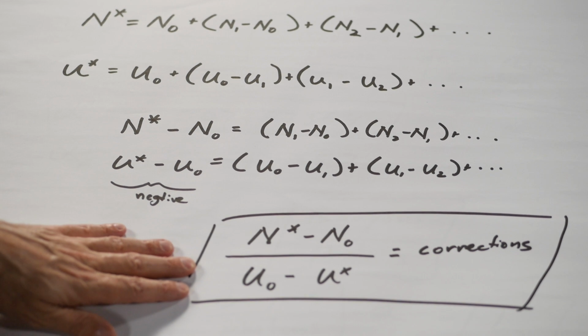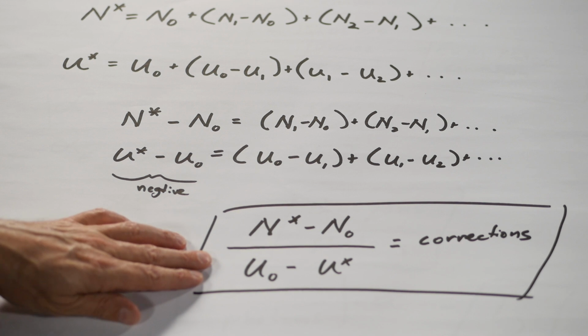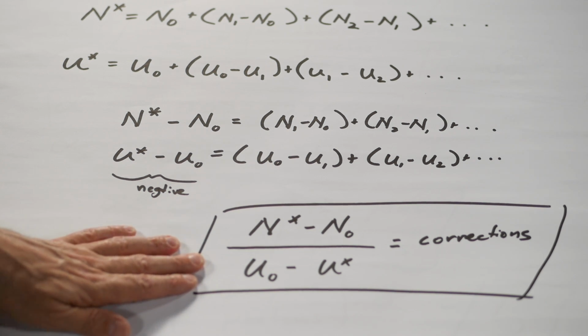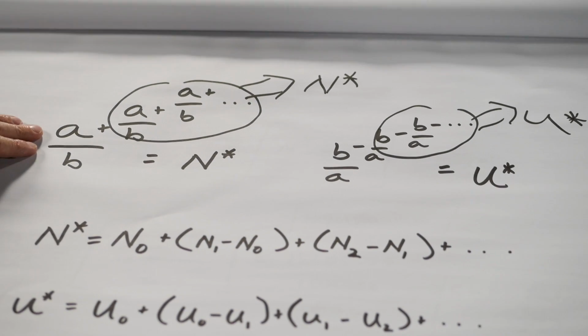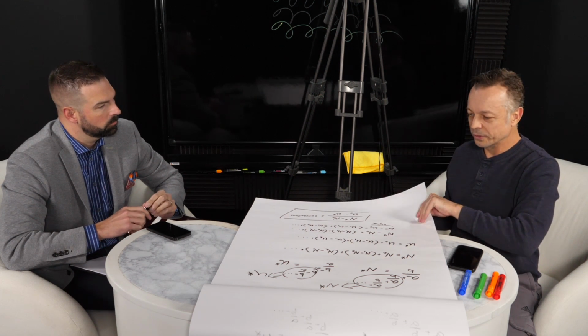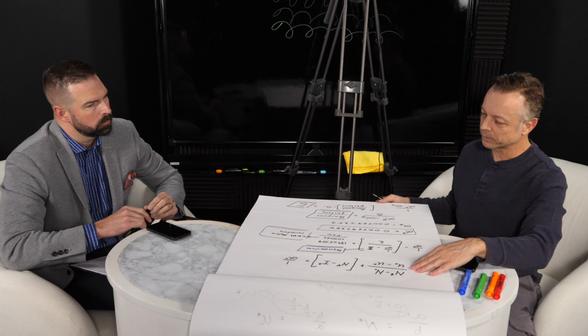Ultimately what we end up with is n star minus the initial n over the initial u minus u star, which gives us a ratio for corrections between a and b with these continued fractions. So with these equations, that's how we got the following.